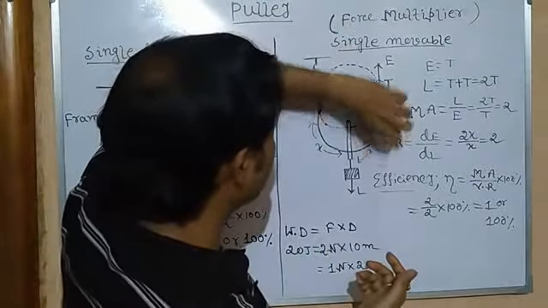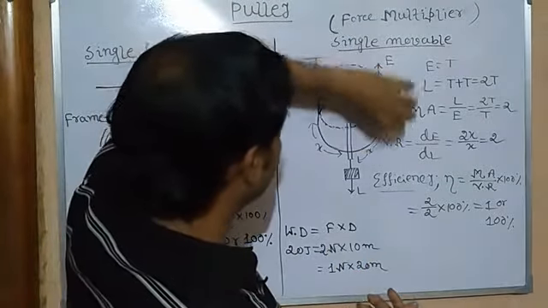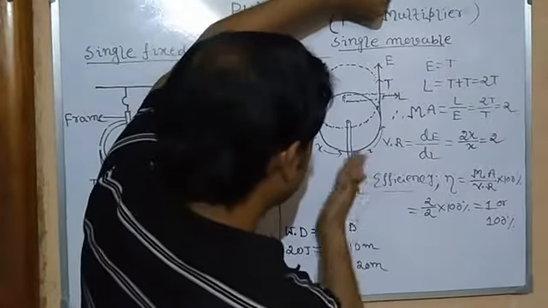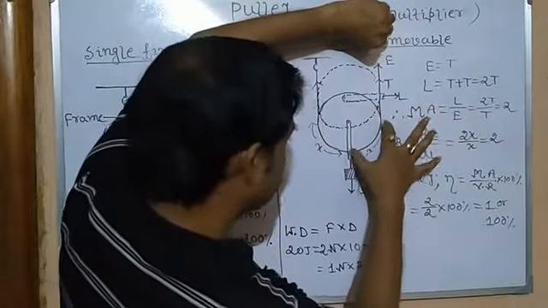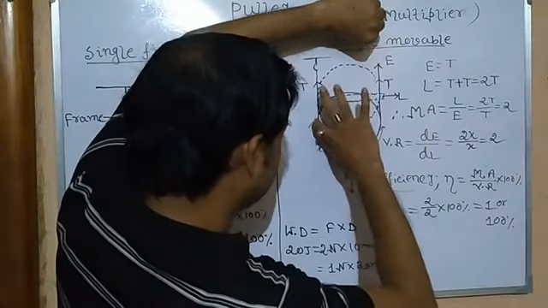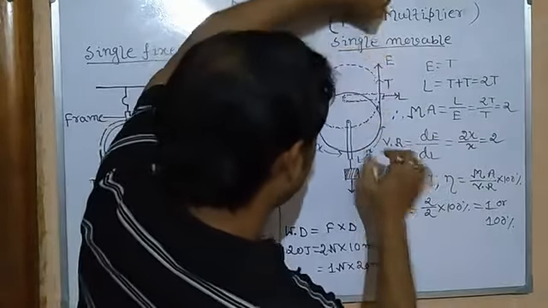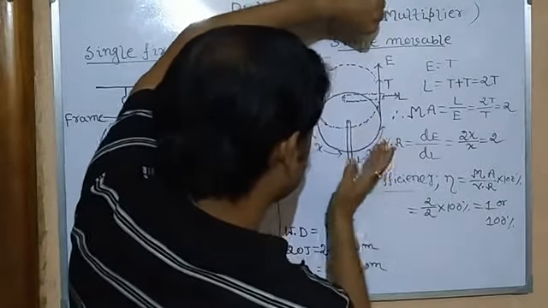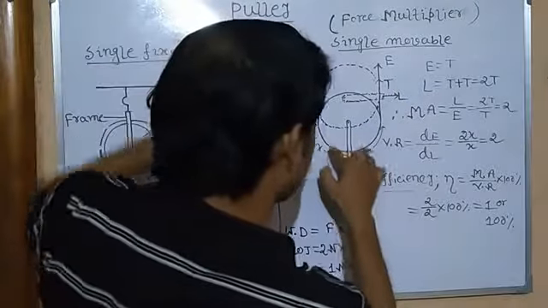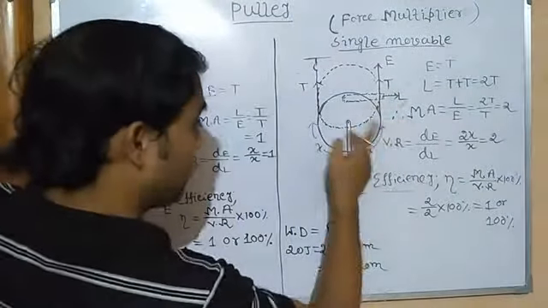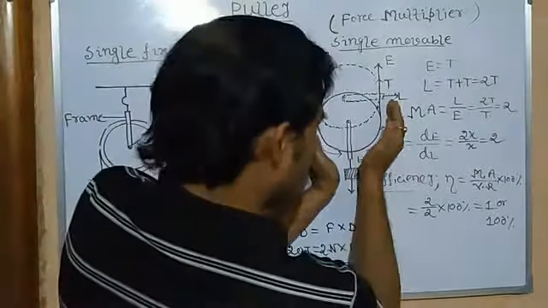So suppose we are applying some force in this direction. Since this side is not fixed, this is movable. So obviously this arc and this arc, when it is pulled, this side will also move some direction along with this. This side will also traverse some distance and this side will also traverse the same distance, since it is attached with both portions.